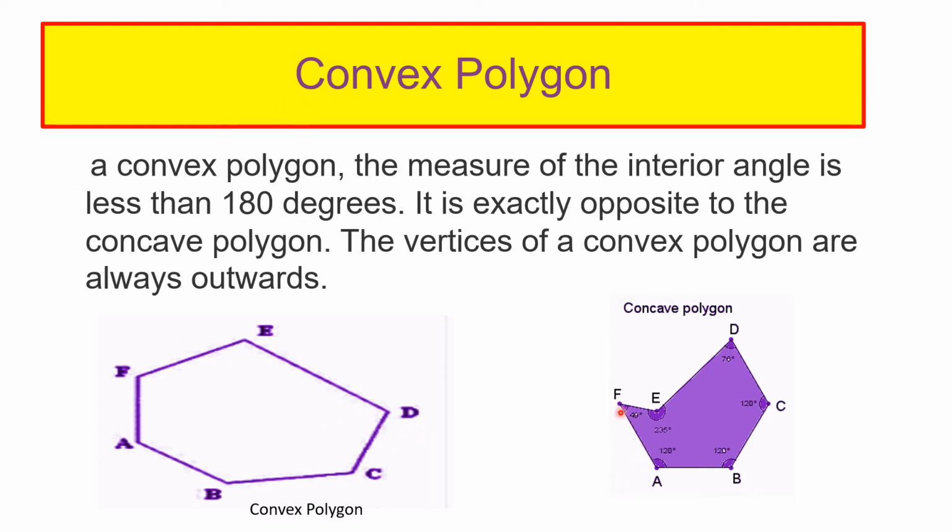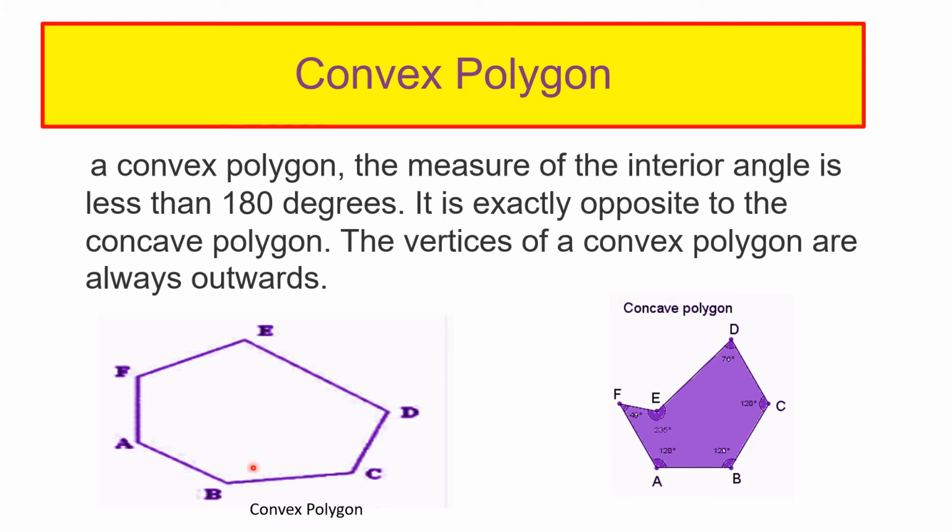But if we have this side, we try to extend the side, segment DE. If we extend the side and it passes through the interior of the given polygon, then this particular polygon can be considered as a concave polygon or a non-convex polygon. Look at FE. If we try to extend the side, it will pass through the interior of the given polygon.